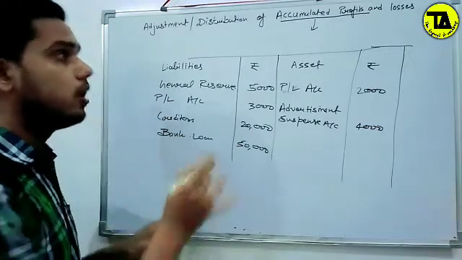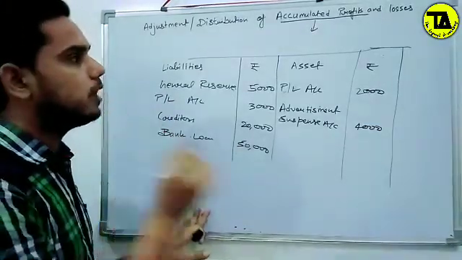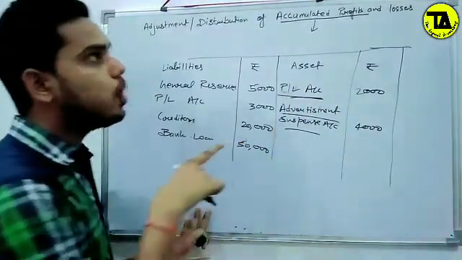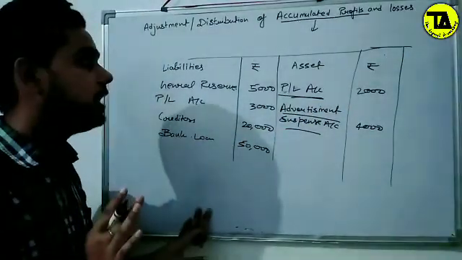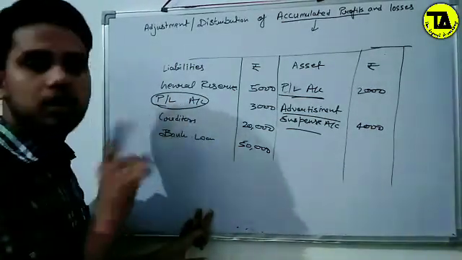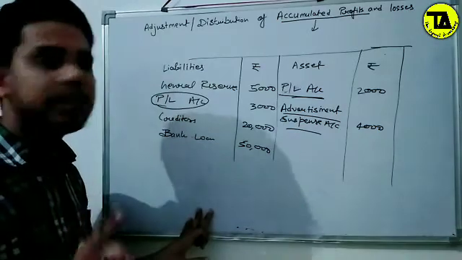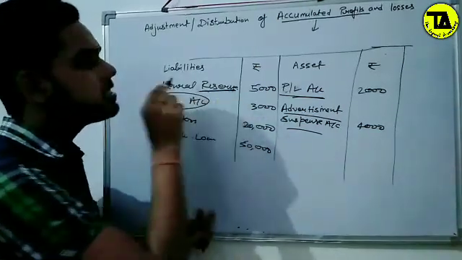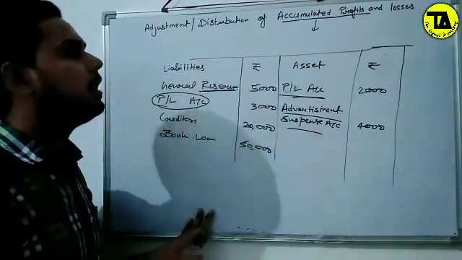So let me revise it one more time. P&L and advertisement suspense, these two are accumulated loss, right? And profit and loss account on the liability side is accumulated profit, no doubt. Sometimes we consider reserve also accumulated profit.